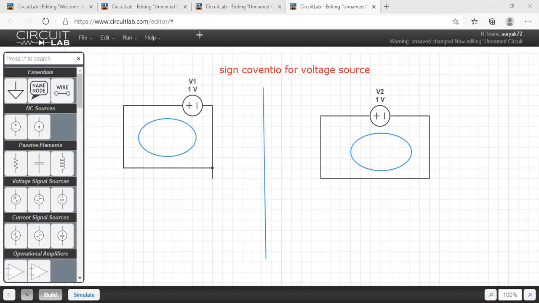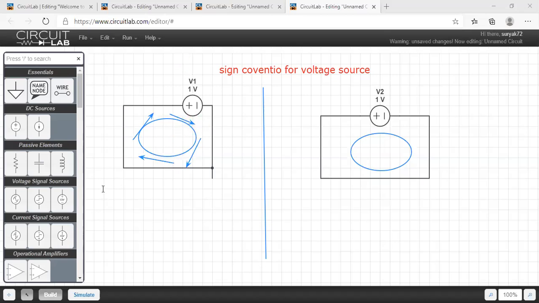Suppose my loop current is moving anti-clockwise in case number one. You can check here, the loop current is coming from plus to minus for a given voltage source. Don't verify the branch current, only verify the loop. The loop current is crossing from plus to minus.